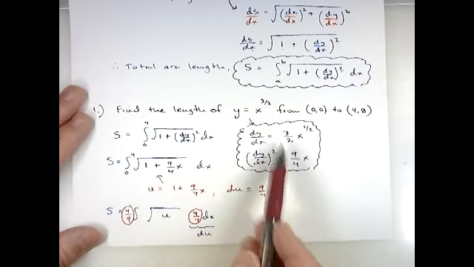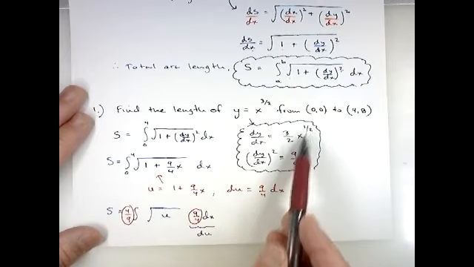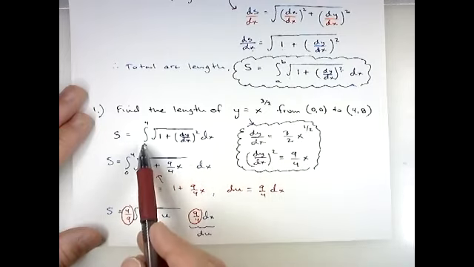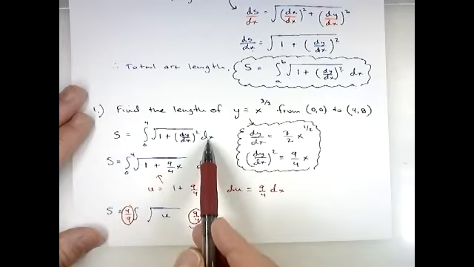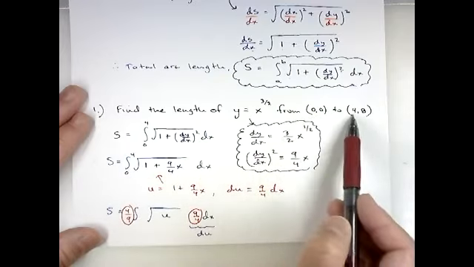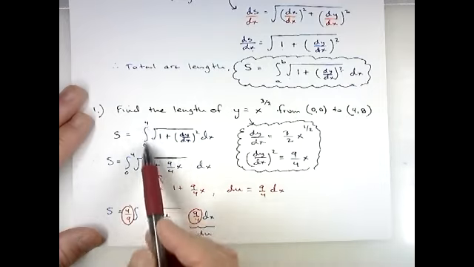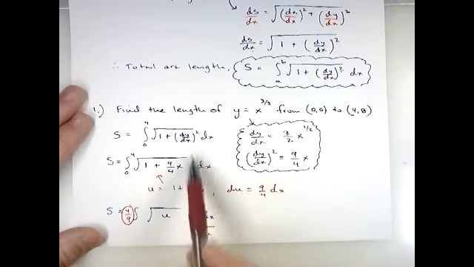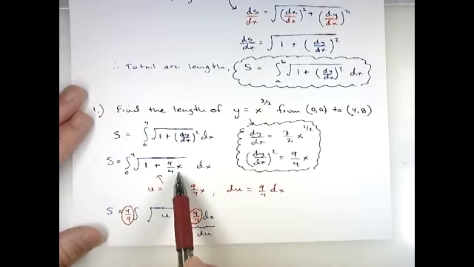If I square it, that becomes 9/4, and x to the 1/2 squared is just x. My formula will be in terms of x, so I would be integrating from x equals 0 to x equals 4. That's why my limits are 0 to 4. The integrand is the square root of 1 plus (dy/dx) squared, which is just going to be 1 plus 9/4 x.